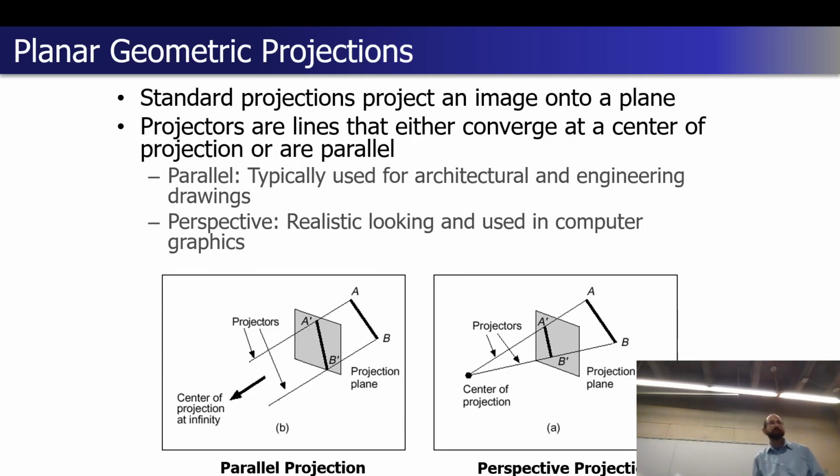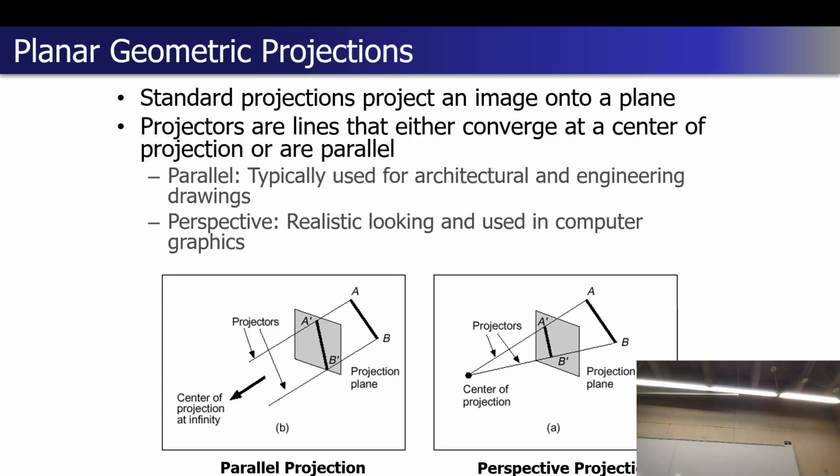The parallel projection has quite a bit of value for computer graphics. Where you would typically see them used, though, is more for architectural or engineering drawings or CAD drawings, where we don't necessarily care about human realism of the object we're looking at. We're trying to accentuate some aspect of a building or some other piece of architecture or a CAD model of something.